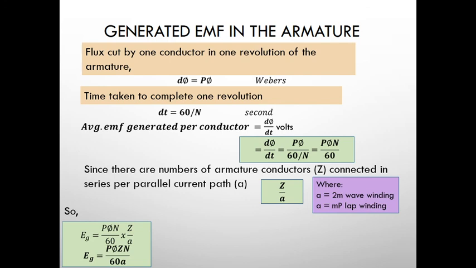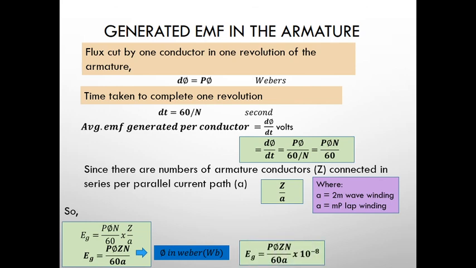So, when ang atong flux is in terms of Weber, use P flux Z N over 60A. When ang flux is in terms of Maxwell, the formula is P flux Z N over 60A times 10 to the power of negative 8.